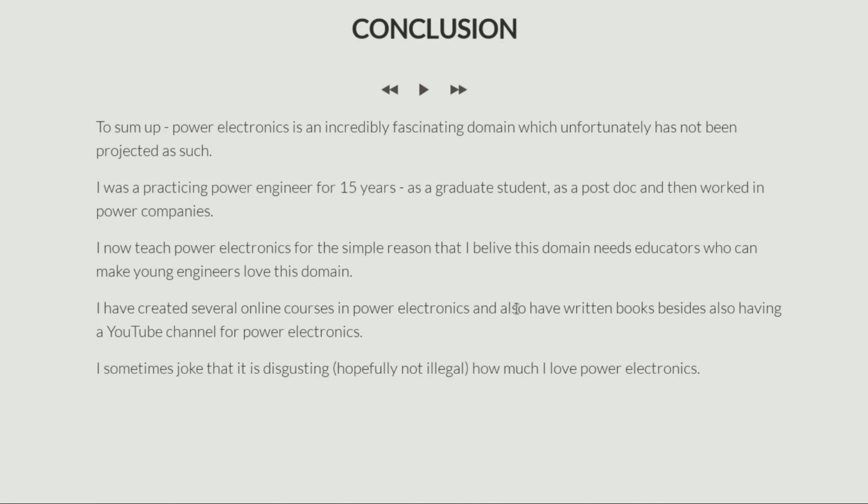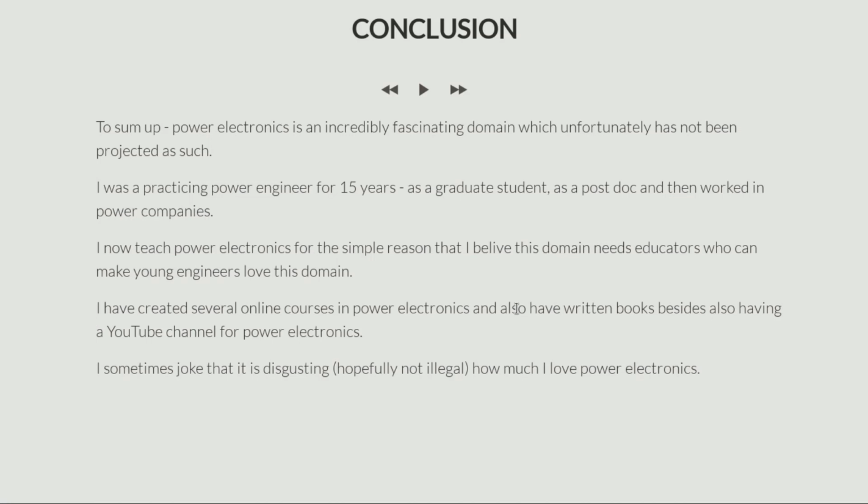Most importantly, I hope that after this course you do spend some time thinking about becoming a power electronics engineer. Even if you spend some time just thinking about it, that would be, I would say, success as far as me being a power electronics teacher is concerned, if I can just get a few people interested in power electronics.